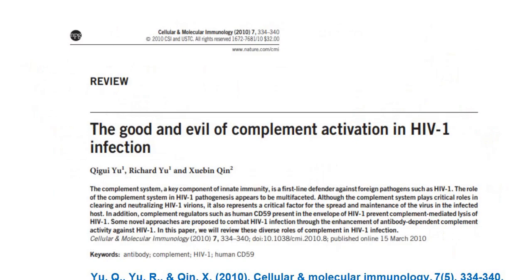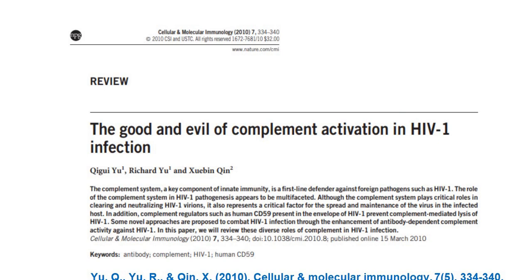Now, I just said that HIV-1 also has a role with the lectin pathway, or lectin pathway can even bind to the HIV infection. Okay. This is a paper from nature.com.